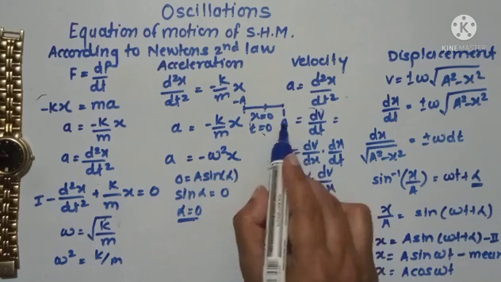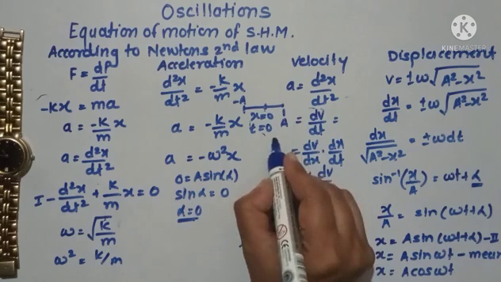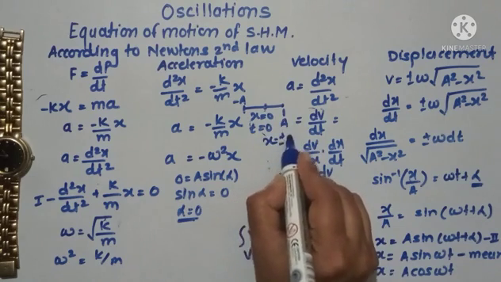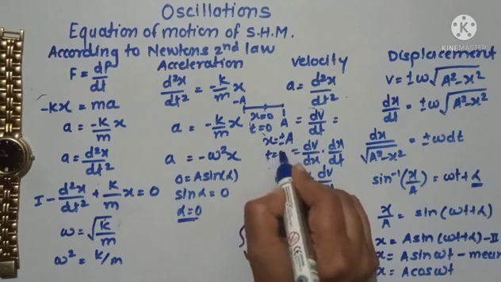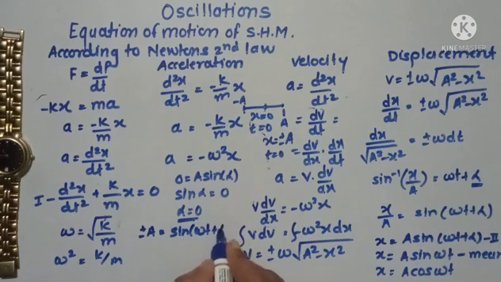And when the particle is starting from the extreme position, then we can say that x is equal to plus minus a at t is equal to 0. Now if I put these two values in the equation, I am going to get plus minus a is equal to a sine of omega t plus alpha.